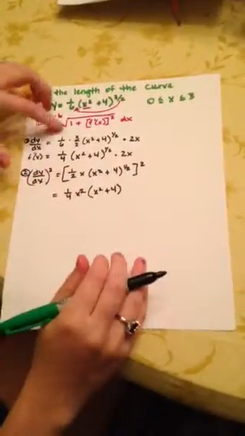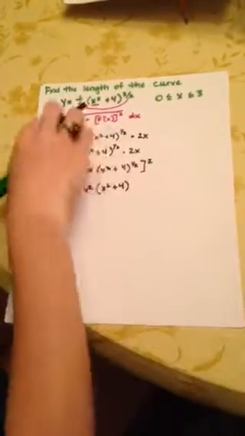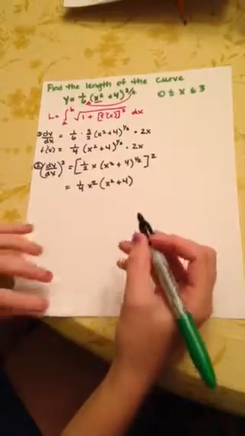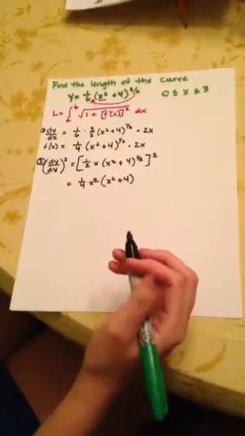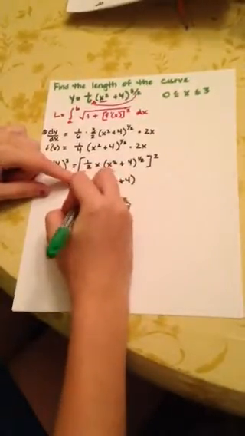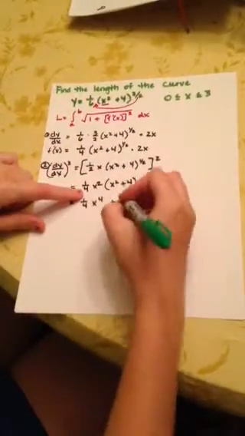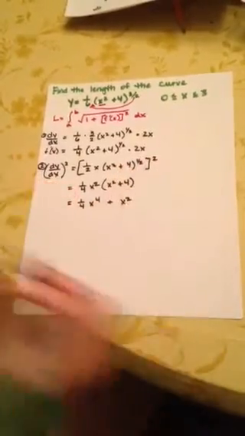So this is going to go underneath our whole length equation up there. We could actually square this, or we could distribute this out and cancel things. Let's distribute: we have 1/4 x to the 4th plus 4 over 4, which is just 1, so we have x squared.